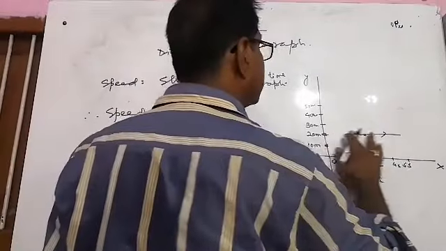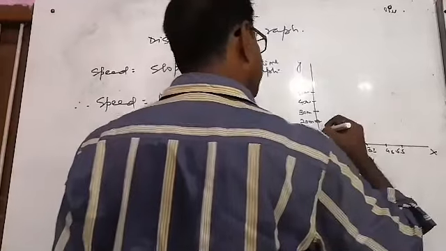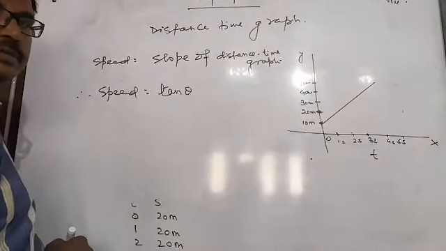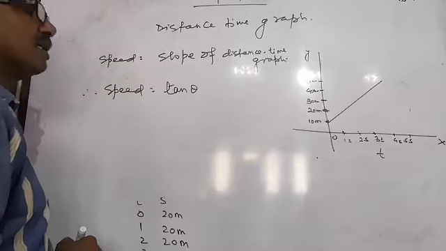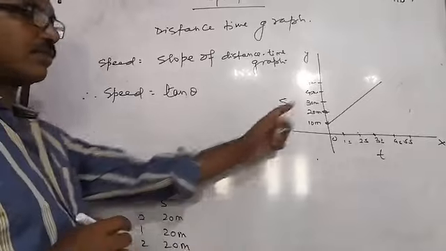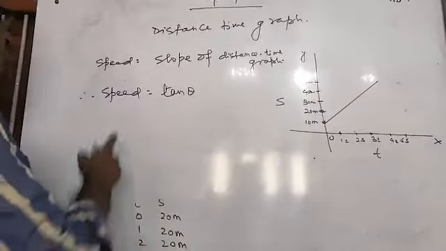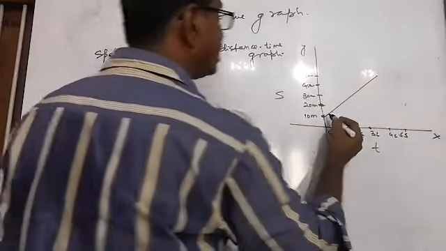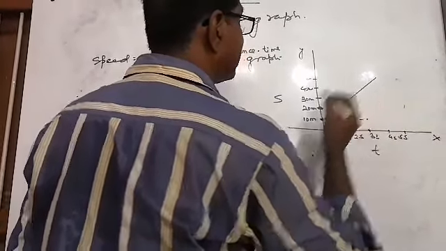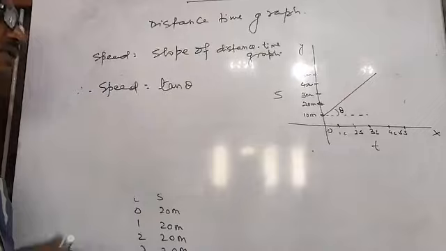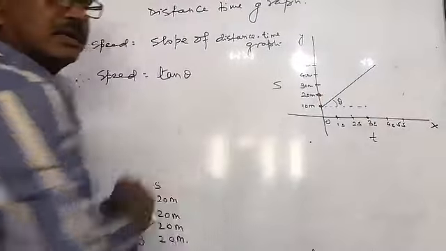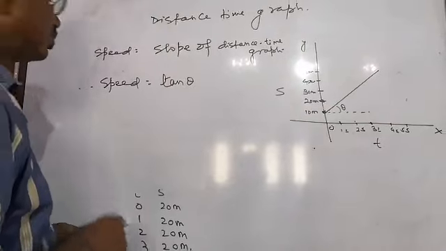Now suppose this was the distance time graph of a body, and from this graph we want to know the speed. So speed is equal to tan theta, meaning suppose you draw a line parallel to the x-axis and this is the angle, suppose theta is 30 degree, 40 degree, whatsoever. So tan of this angle is equal to speed.